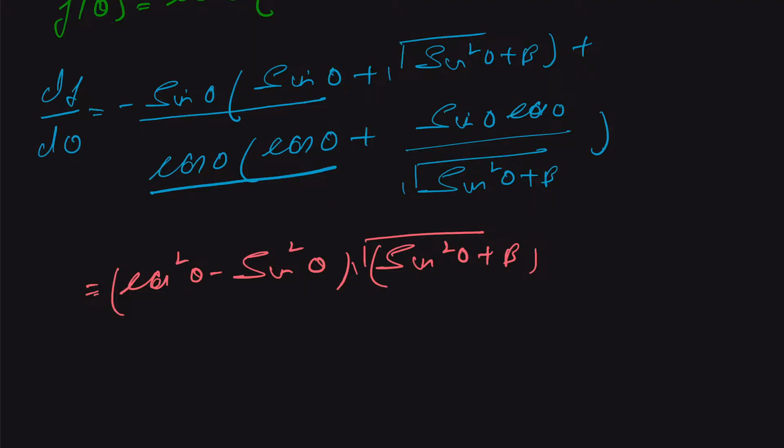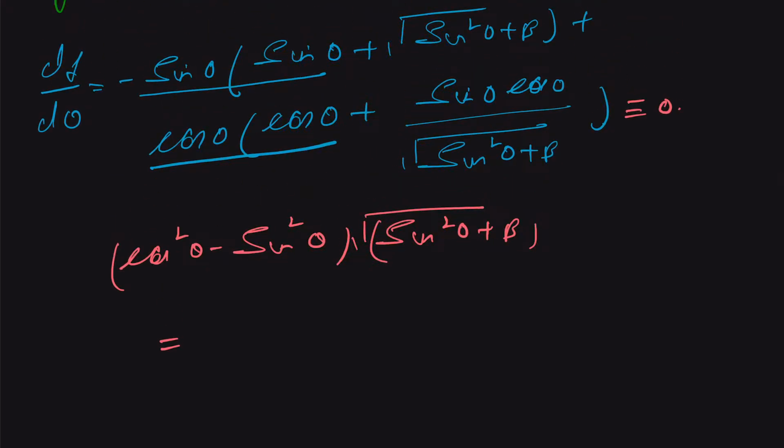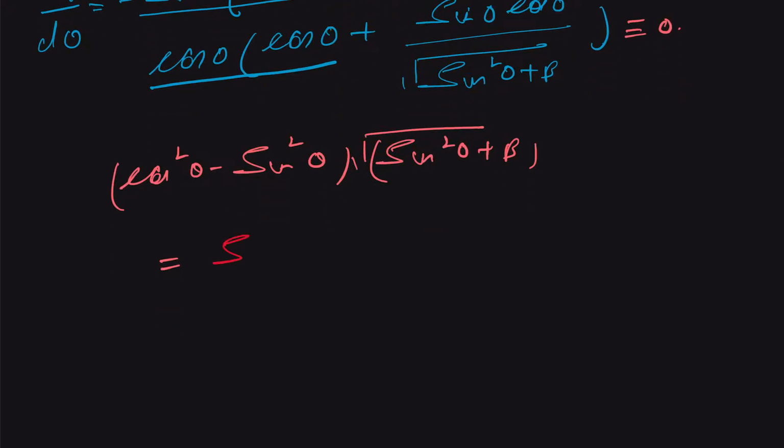If we equate it to 0, because this has to be equal to 0, we get sine θ times the quantity β minus cos square θ minus sine square θ.